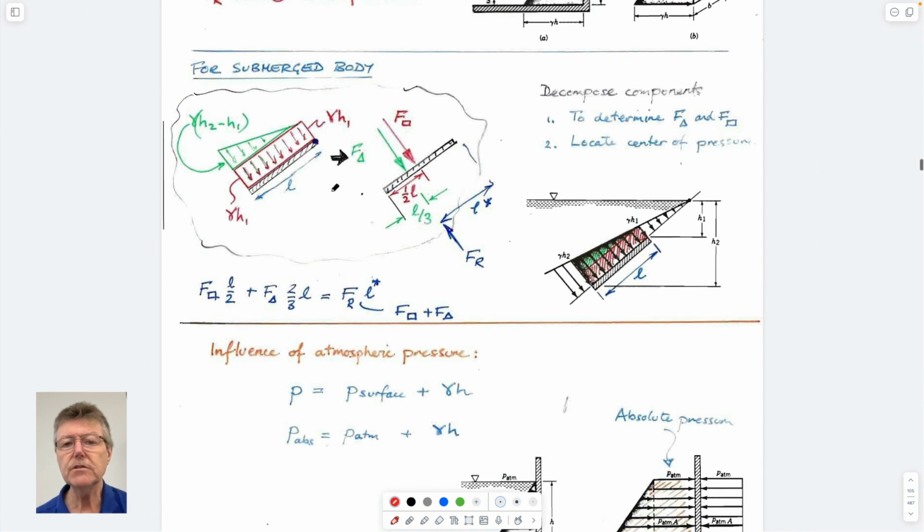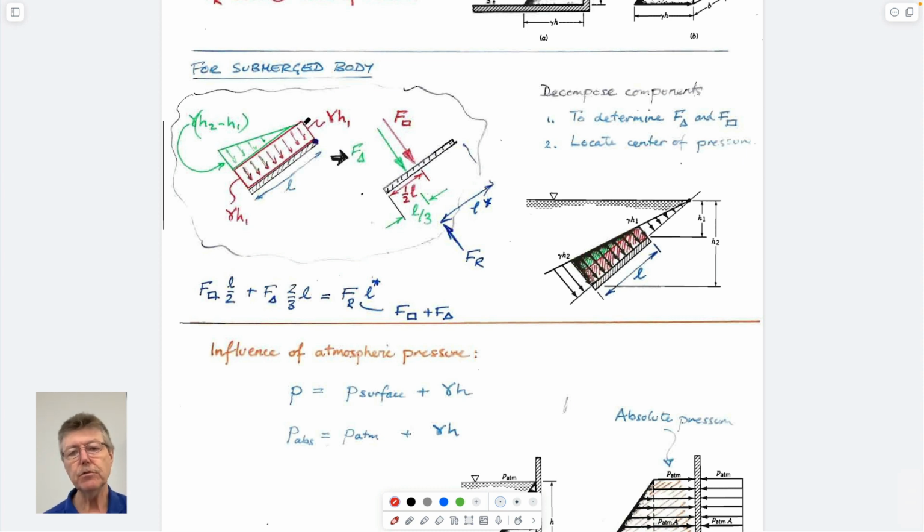You can also get these results by using simple shapes for which you know the distribution and taking moments. If you had this inclined plate below the surface, another way to do exactly what we've just done with the parallel axis theorem, or the second moment of area, is to decompose the pressure acting on it into two shapes.